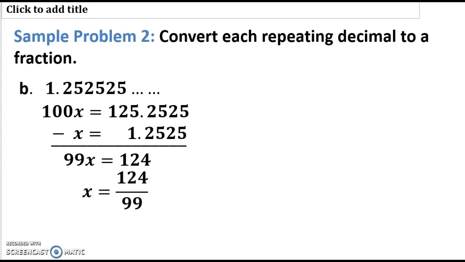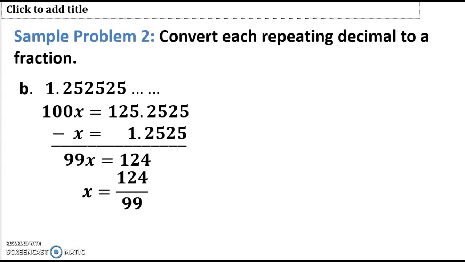So I let x equal the repeating decimal. See, x equals 1.252525. Then I am going to multiply so that I can get the repeating decimal part to cancel. If I multiply by 100, see how it will match up? 25, 25, 25, 25. So I multiplied by 100. Then I subtract them.